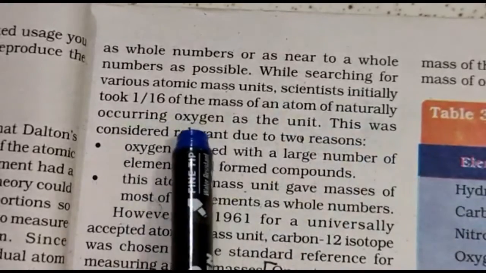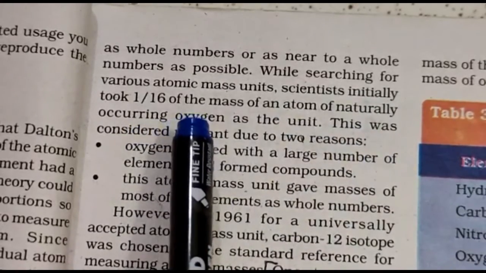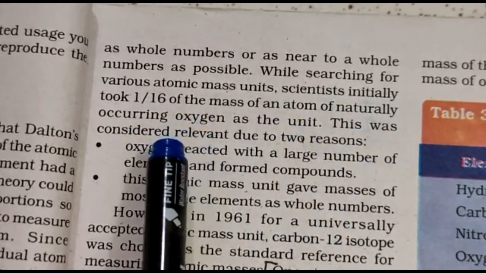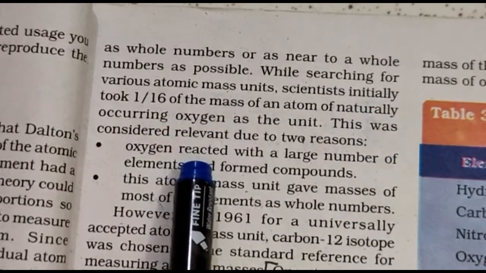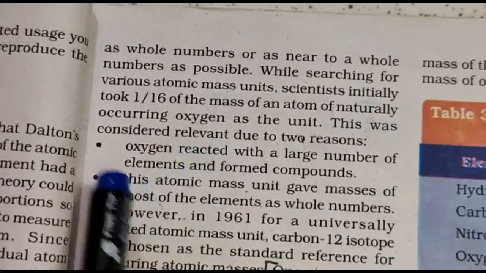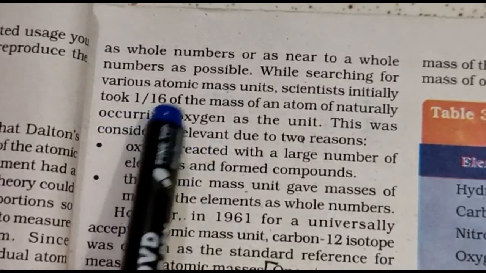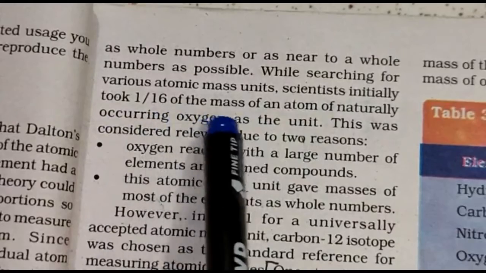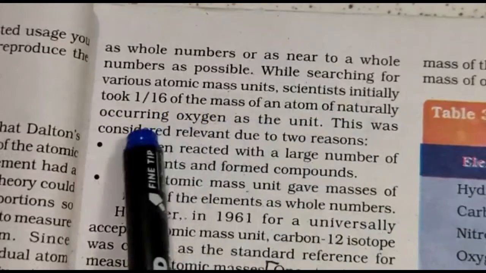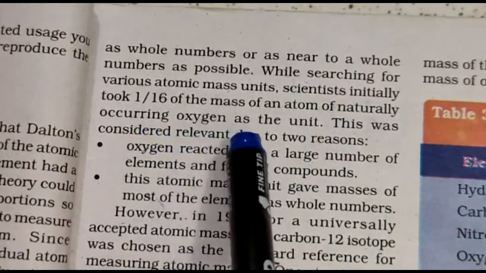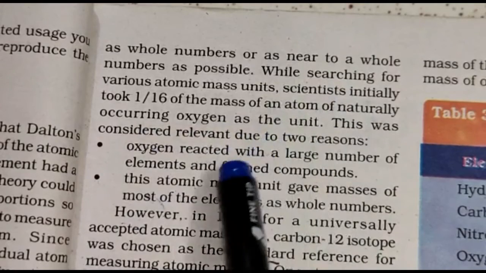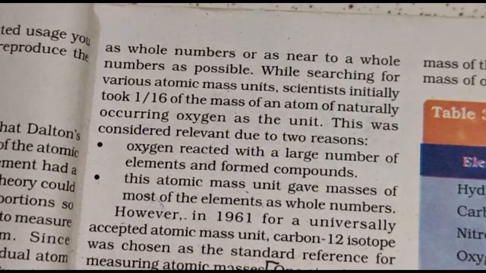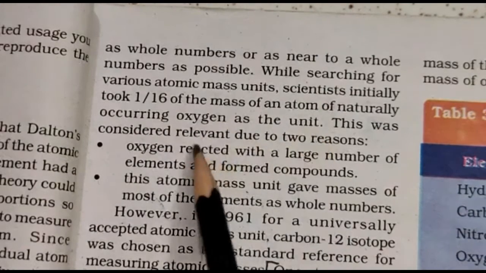Oxygen's mass was 16. Okay, so to make it a unit, or 1, they took 1 by 16th of the mass of an atom of naturally occurring oxygen as the unit.